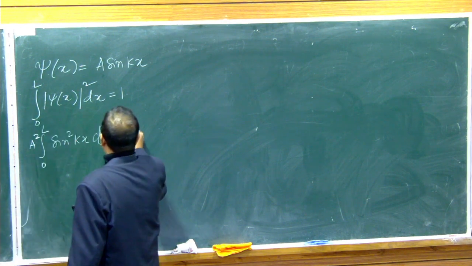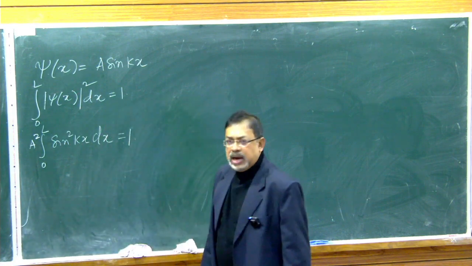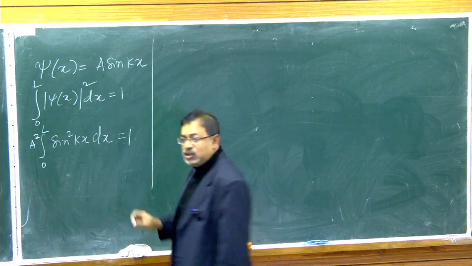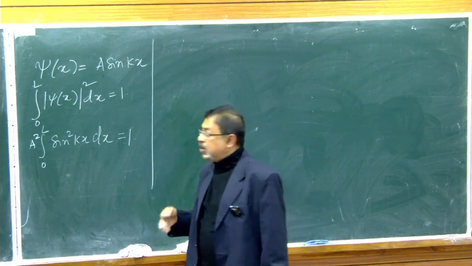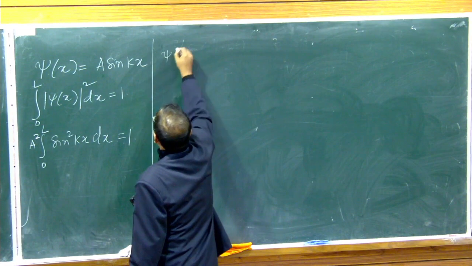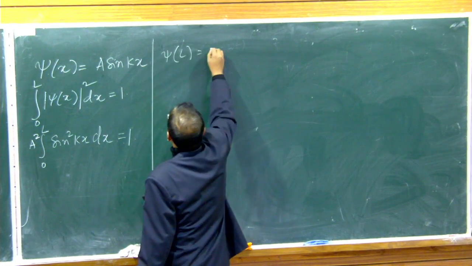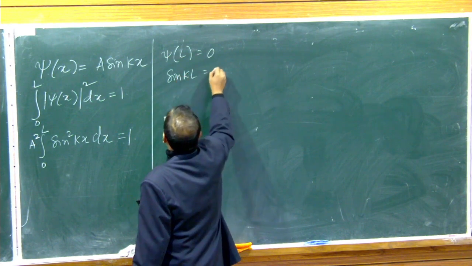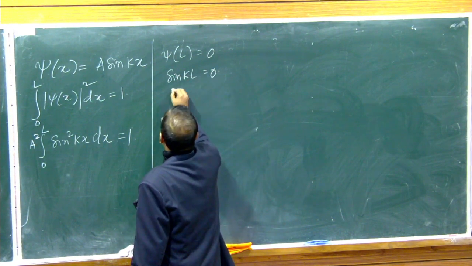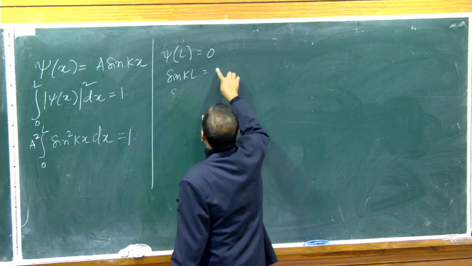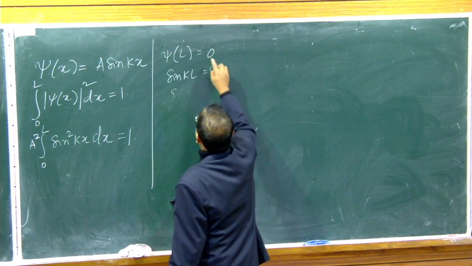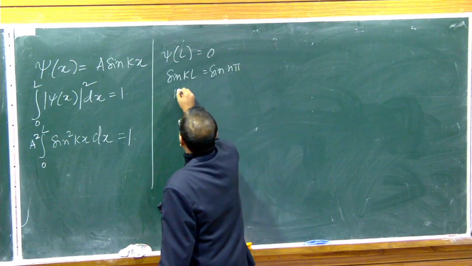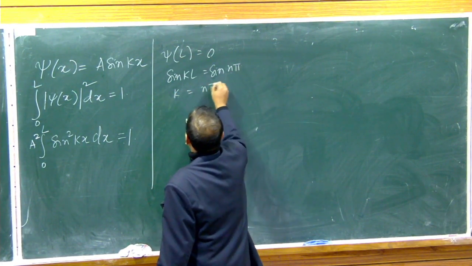This should normalize it. But we can also find a condition on K from the condition that psi of L is equal to 0, which means sine KL is equal to 0, which means KL is equal to n pi. So K is equal to n pi over L.